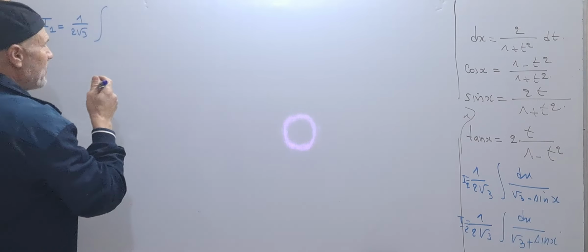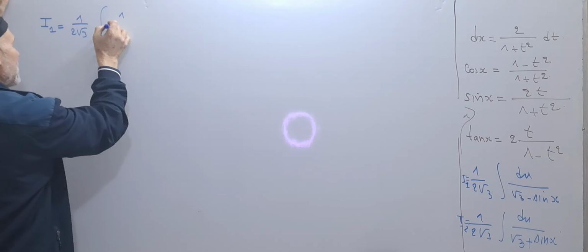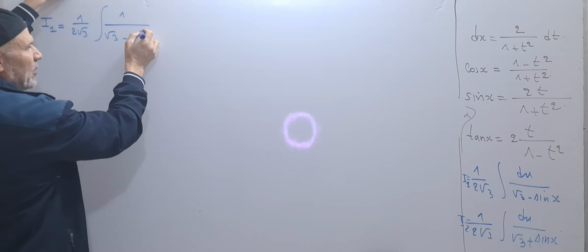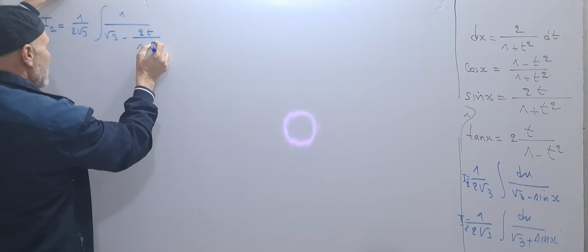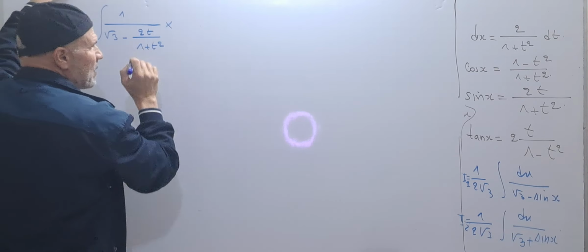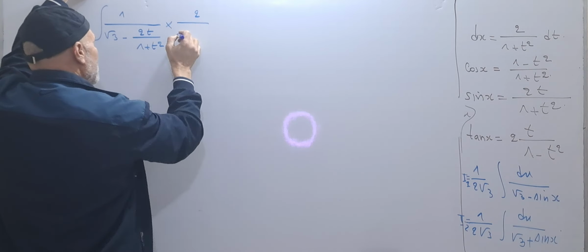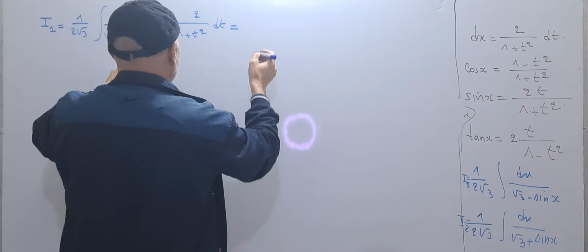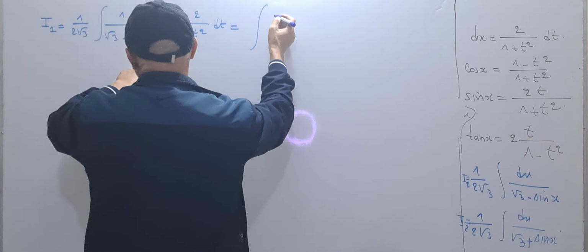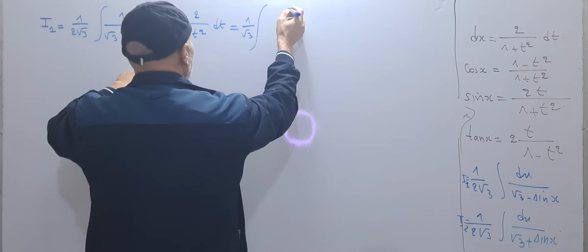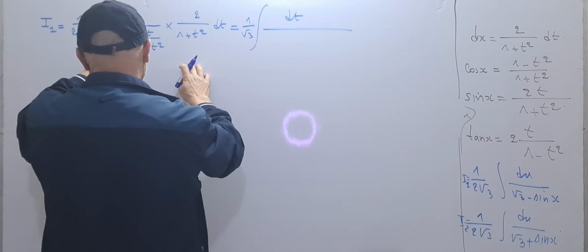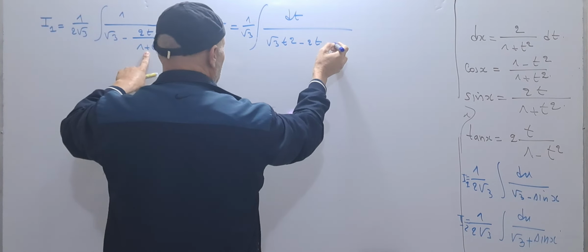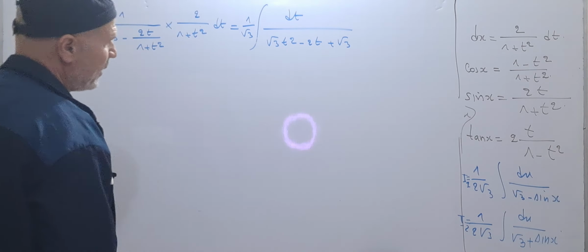The integral will replace dx by, so we have 1 over the square root of 3 minus sine x, so sine x gives us 2t over 1 plus t squared, times dx, so 2 over 1 plus t squared dt, which gives us the integral of 1 over the square root of 3, we have dt over here we have the square root of 3 t squared minus 2t plus the square root of 3. This is about E1.